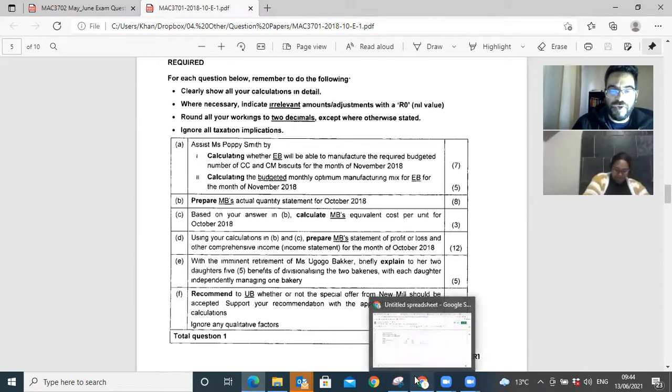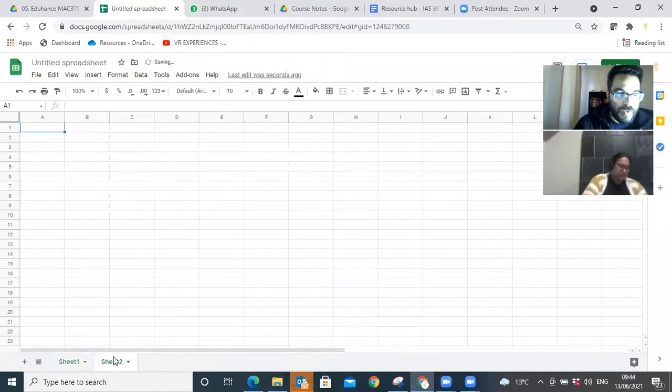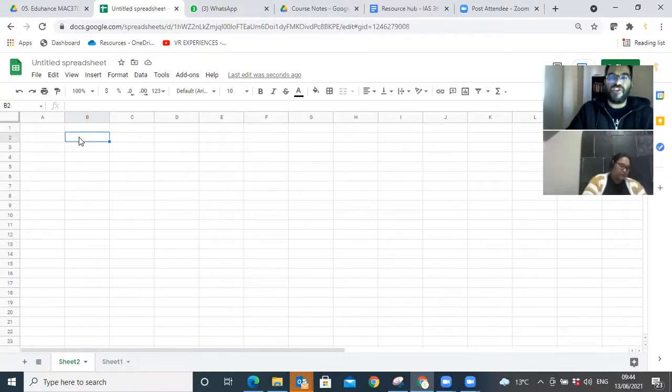So if I go to the scenario now, so this is question 1. So question A asked you, dear student, please calculate whether they were able to manufacture the required number of units. You saw there's a constraint, so you basically need to work out what you require, and you need to work out what is the capacity given the constraint.